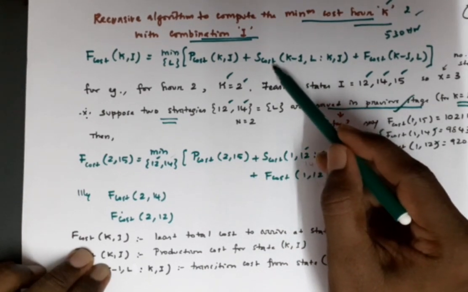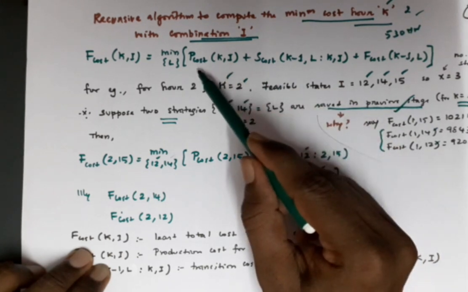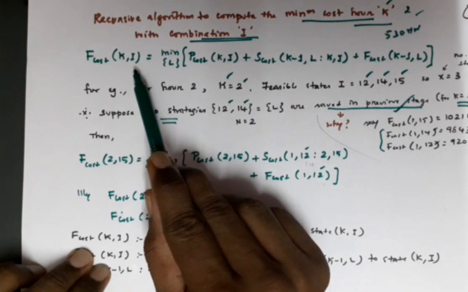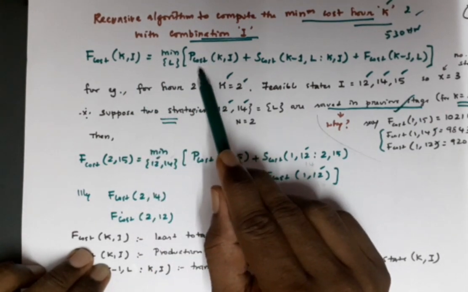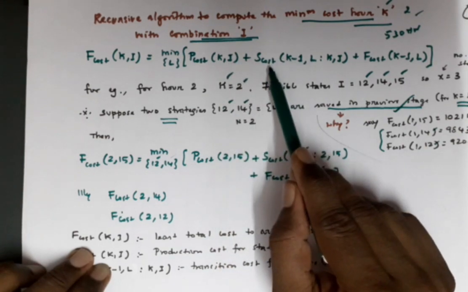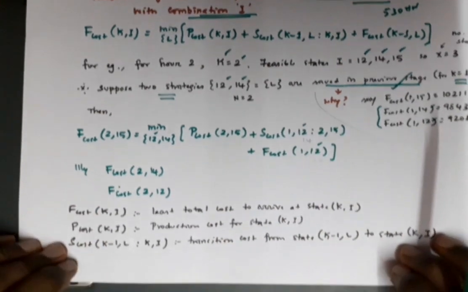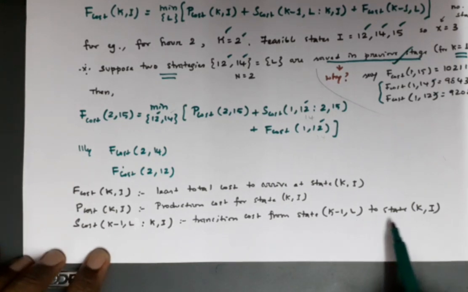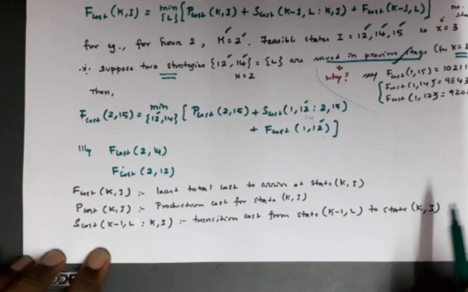S cost means transition cost, and we'll see what that is all about. P cost means production cost, the fuel cost for the kth hour with ith combination. S cost is the transition cost from state k minus 1, L to state k, I.